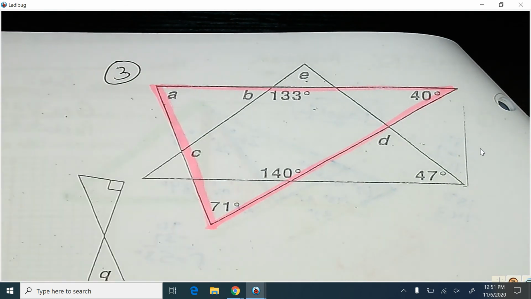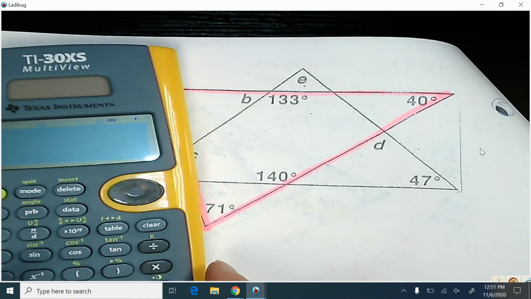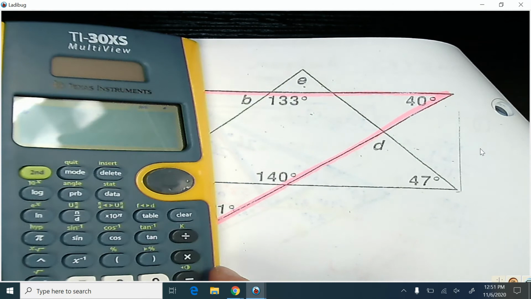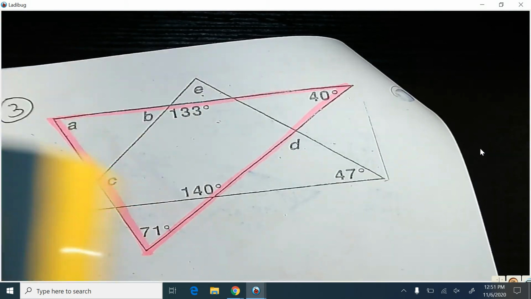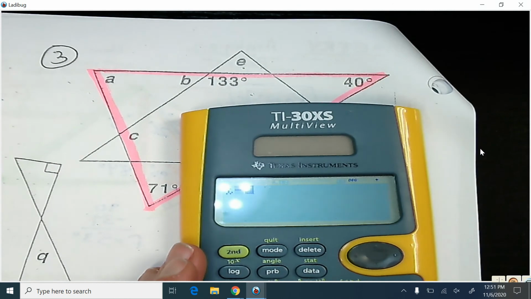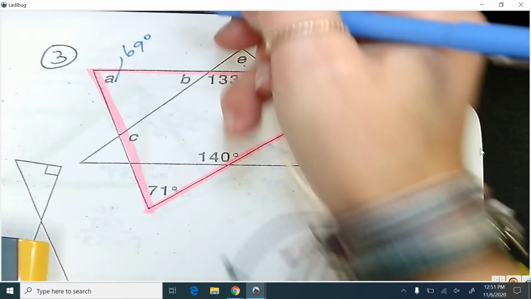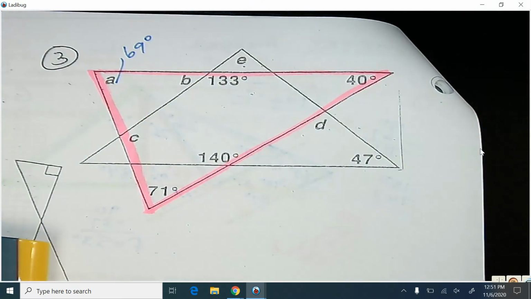So you can get A pretty quickly. So I really like that storage button and kind of saves a little grief. So X minus 40 minus 71 gives you 69 degrees, so angle A is 69 degrees. You should be able to get angle B pretty easily.